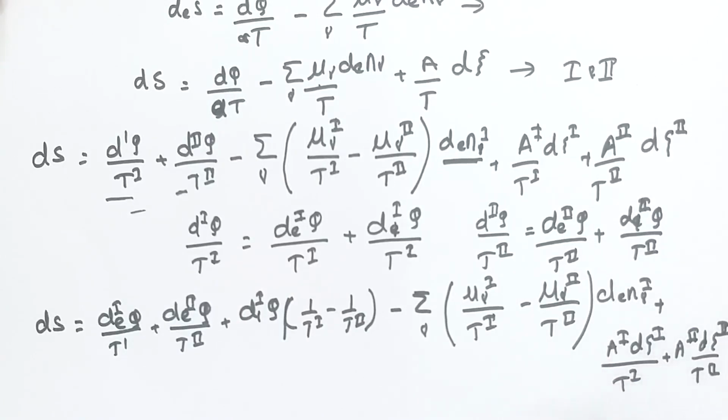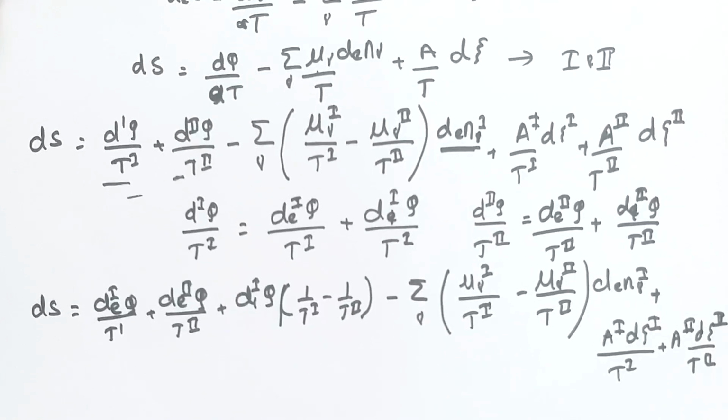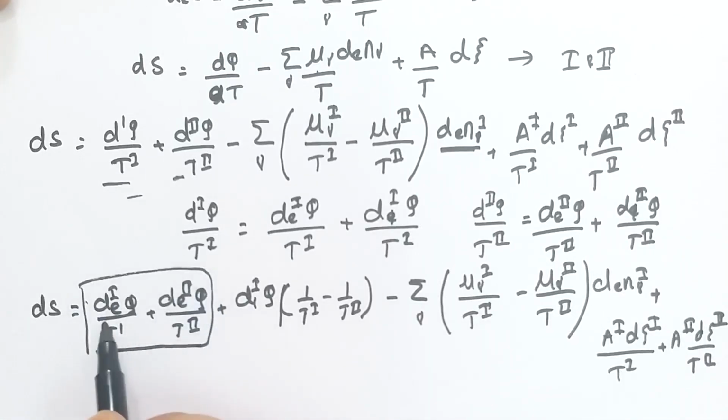Okay, now over here in this expression, these first two terms represent the entropy flow which is arising when the heat is exchanging between the closed system and the surrounding, because we know that whenever we see dE, this represents the exchange of heat between the surrounding and the system.